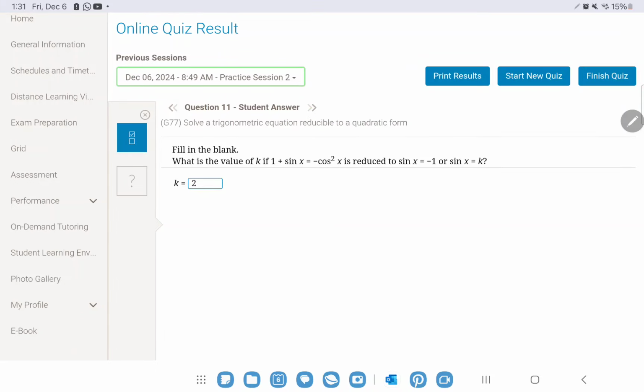Here we need to use the trigonometric equations again. Now, here you have the sine and the cosine. So we need to use the one for sine and cosine, which was cosine squared x plus sine squared x equals 1.